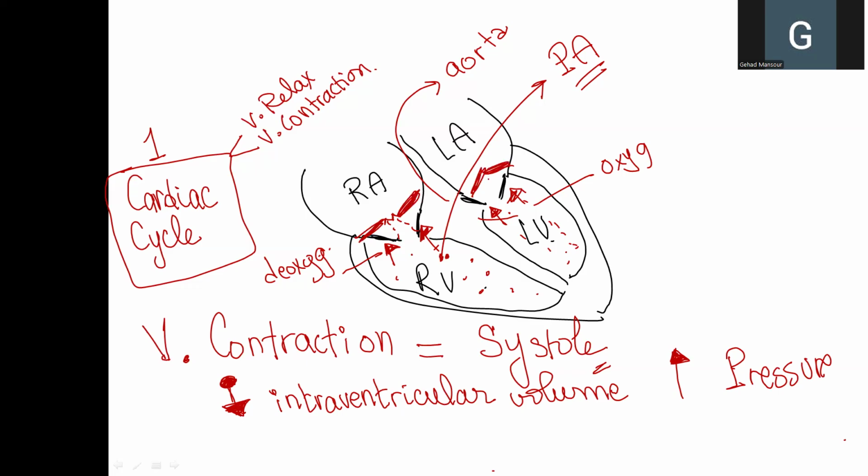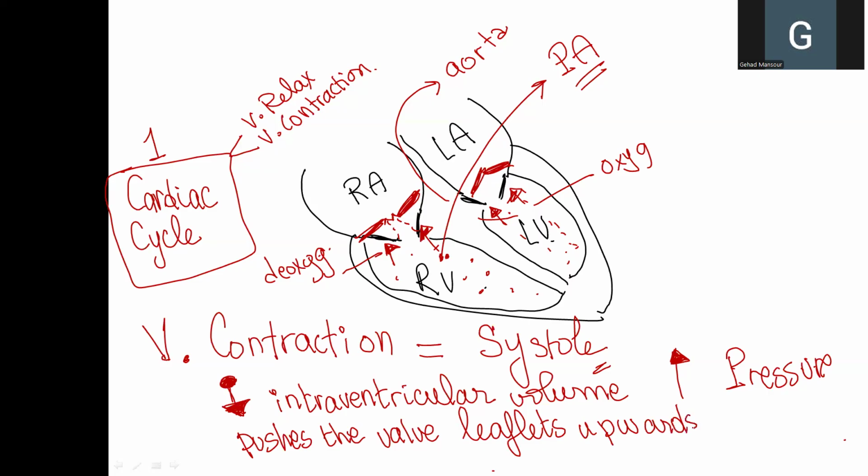So the trigger to close the valve is the increased pressure. The increased pressure pushes the valve leaflets upwards, and when they are pushed upwards, they become exactly horizontal. And when they become horizontal, they close. The valve has to be perfectly closed to achieve its second function.